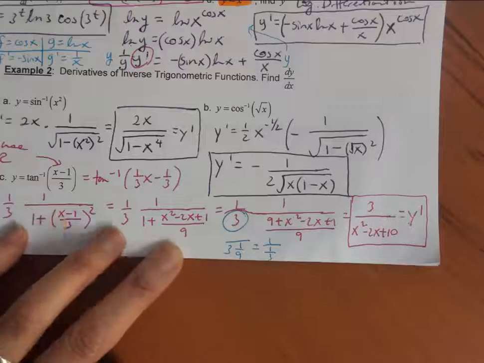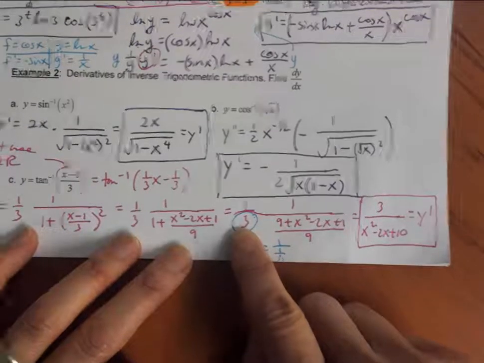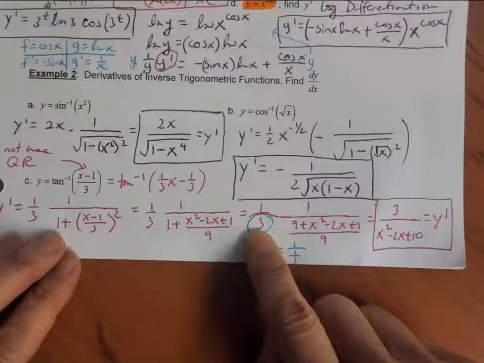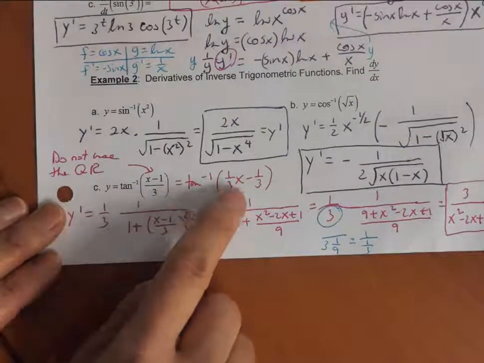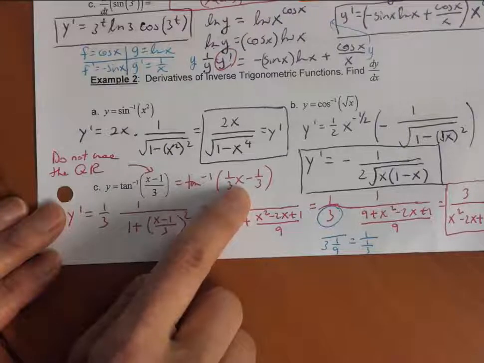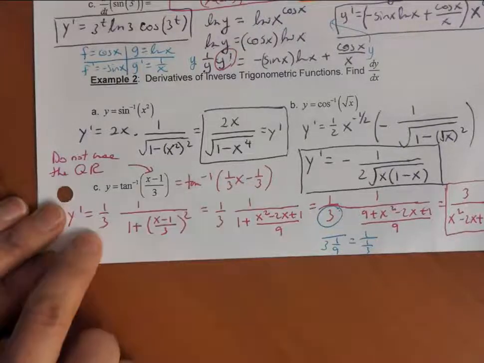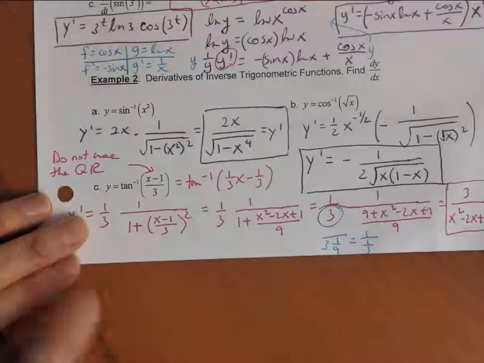Yes, go ahead. I still don't get what you're doing with the 3. Why is there a 3 in the denominator technically? Well, let's go back. I got the 1/3 from the derivative of the inner. The derivative of 1/3 x minus a third is a third. So a third is the same thing as having a 3 in the denominator.